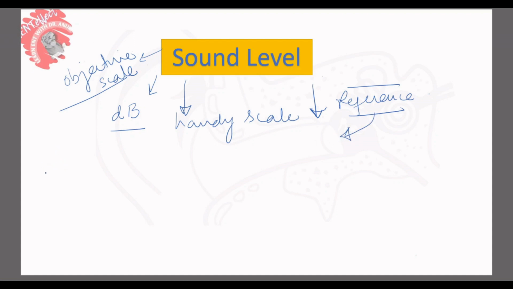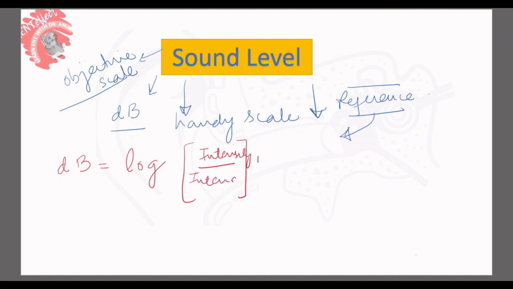So, how are decibels calculated? If we remember the physics that we studied before coming to medical college, there is a formula in which the number of decibels is equal to the logarithm of two intensities, intensity 1, intensity 2.